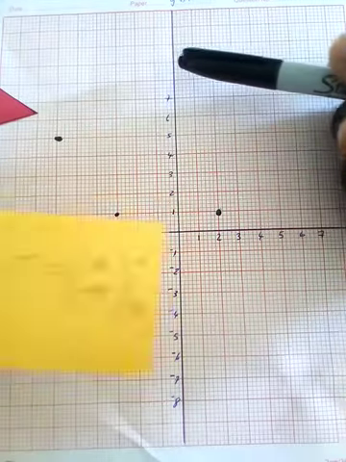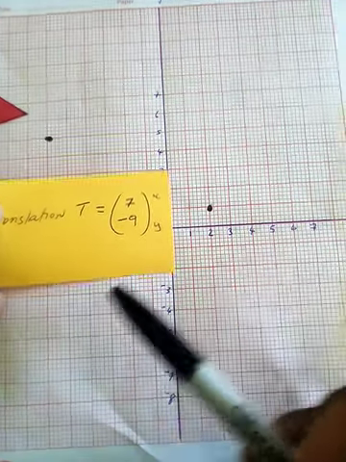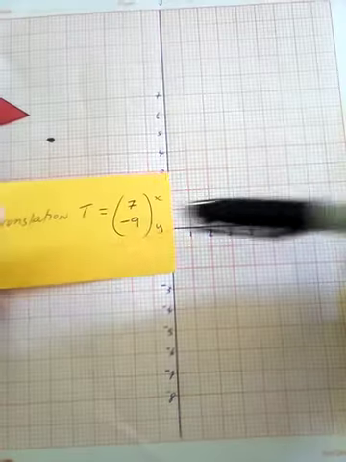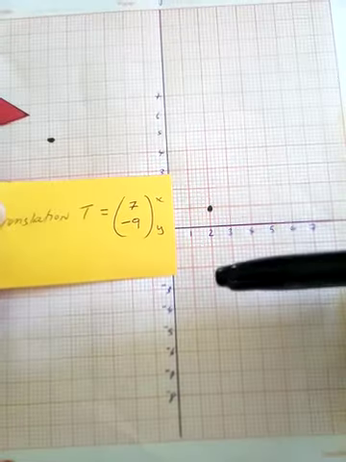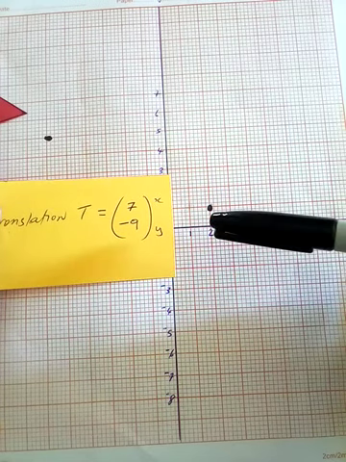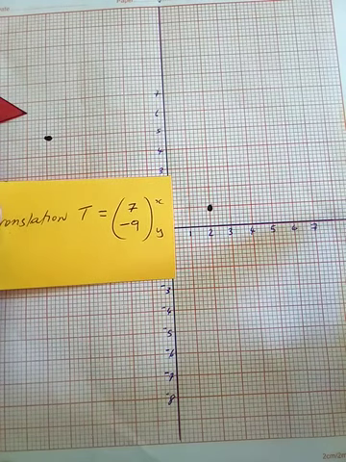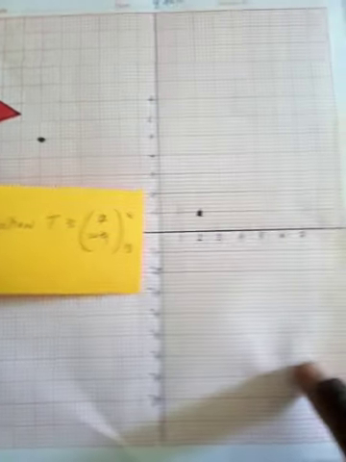Suppose you are given this vector. Translate the point 2, 1 using the vector 7, -9. What this is saying is that I'm going to move 7 units to my right and 9 units downwards.